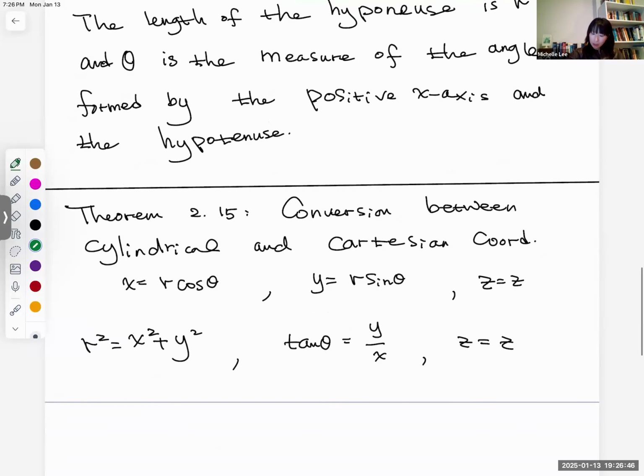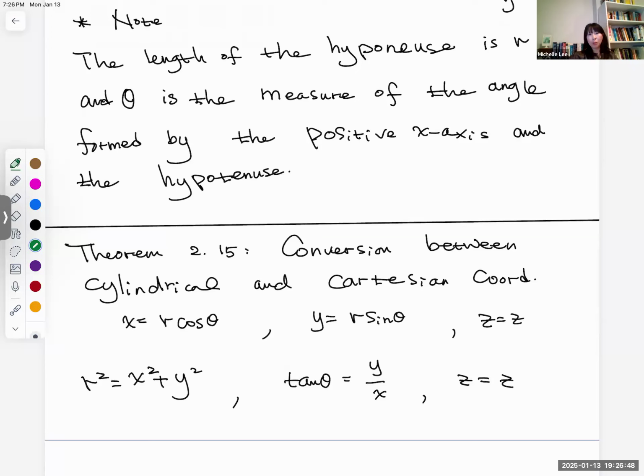Okay, from here we have Theorem 2.15, conversion between cylindrical and Cartesian coordinate systems. We know x equals r cosine theta from trigonometry, right? y equals r sine theta, right? But then we add one more coordinate, which is z. So here, z equals z. And then we have r squared.